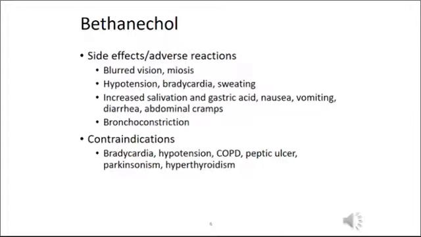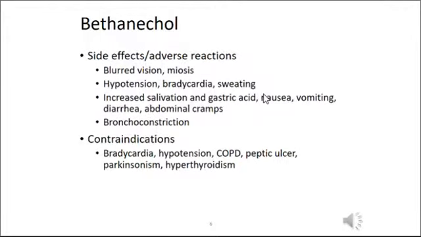Going into some other specific drugs, we're now into bethanechol. I'm used to it being Urecholine, the name it often goes by, but we need to go generic, bethanechol. And it can cause blurred vision, miosis. Miosis is constriction of the pupil, if you didn't know what that term means.